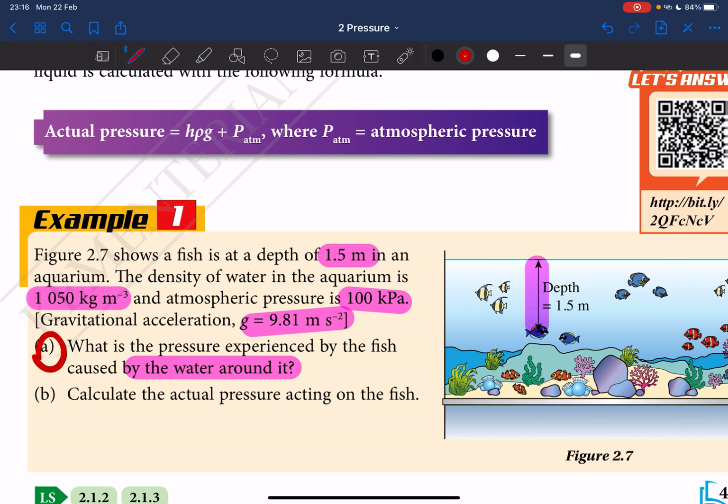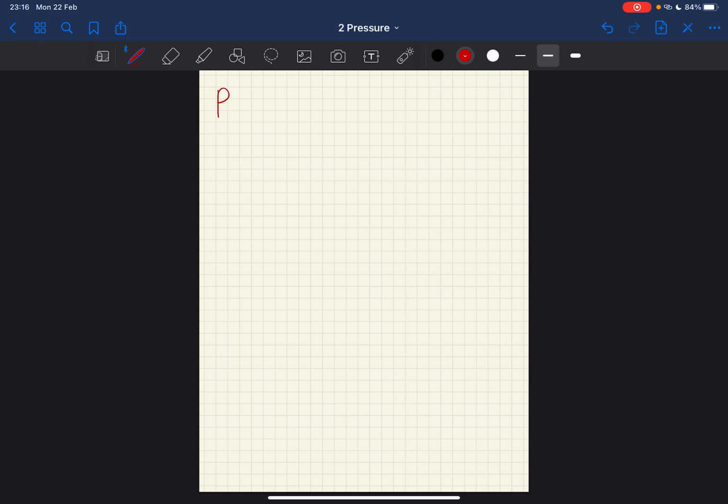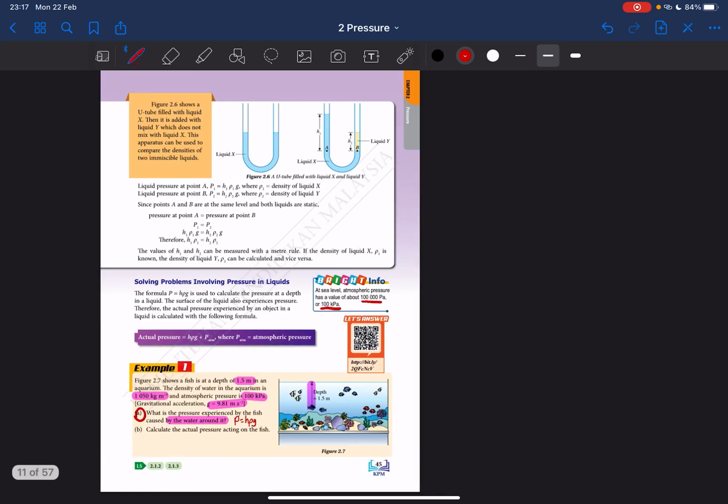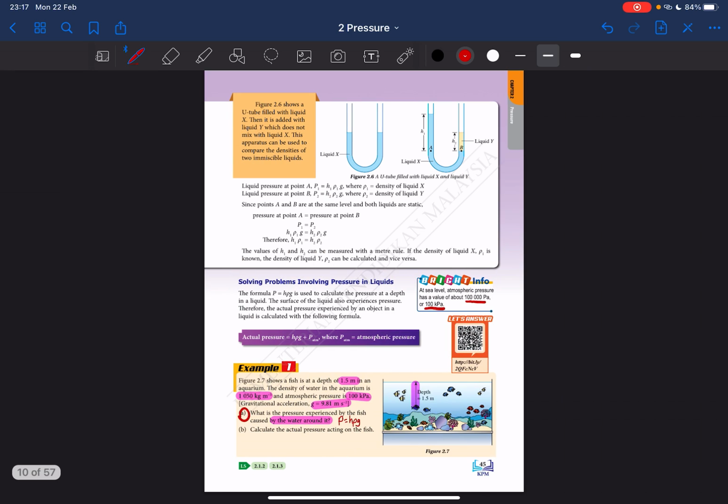So in pressure in liquid, we know that the formula is P equals H rho G. By using the formula, you get the pressure in liquid acting on the fish. H is 1.5, so you substitute 1.5. And then what about the density?